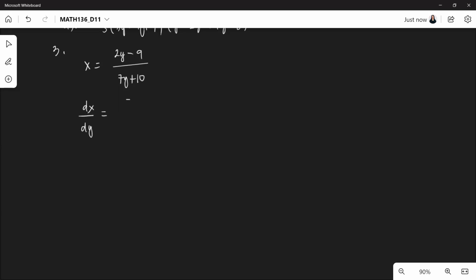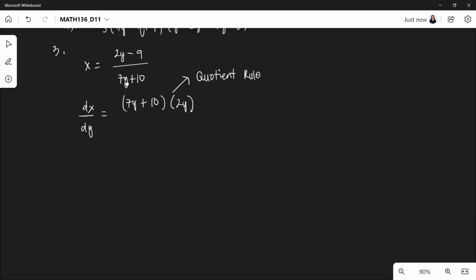So we copy the denominator, multiply it with the derivative of the numerator. Again, this is using the quotient rule. I will no longer write the step-by-step process, so just listen to what I am saying. Multiply the denominator with the derivative of the numerator. So the derivative of 2y minus 9 is 2y.